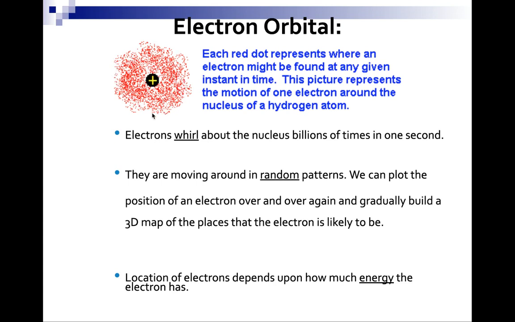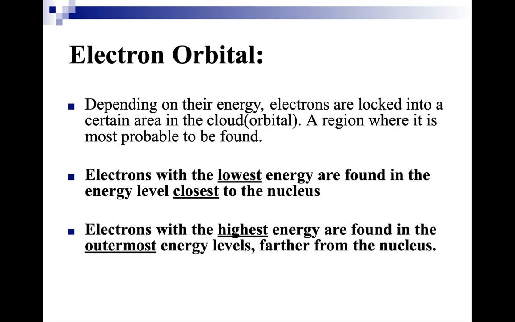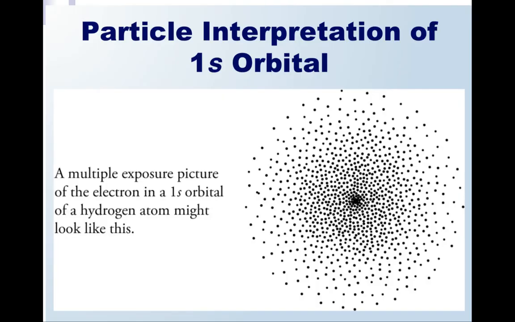And this seems to take on a particular shape. The location of the electron, remember, depends on how much energy the electron has. The closer the electron is to the nucleus, the lower amount of energy it has, and the electrons that are farther from the nucleus have more energy associated with them.